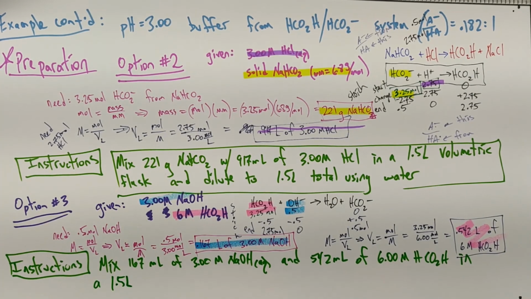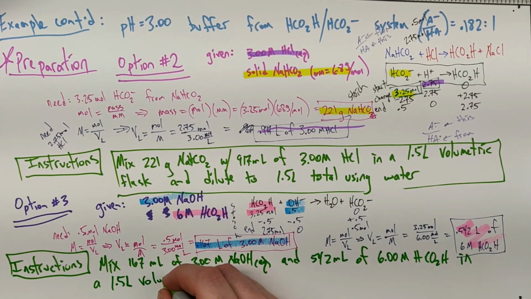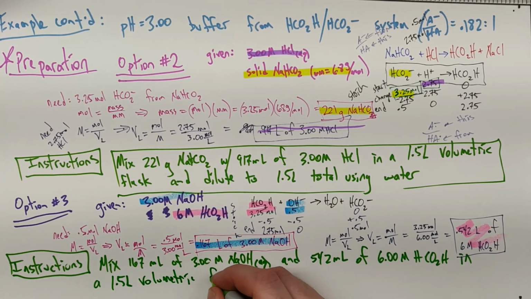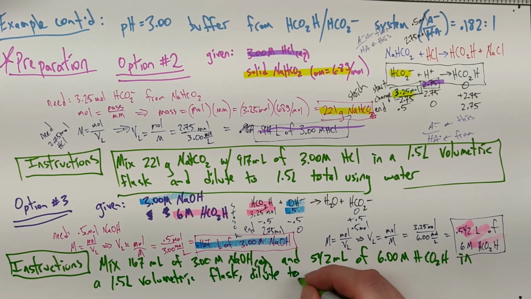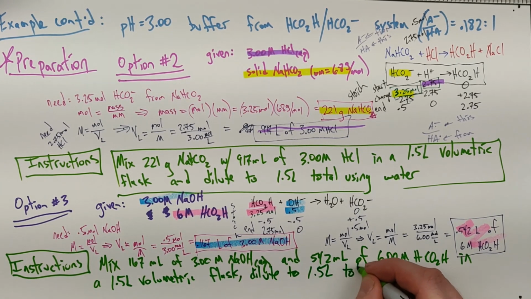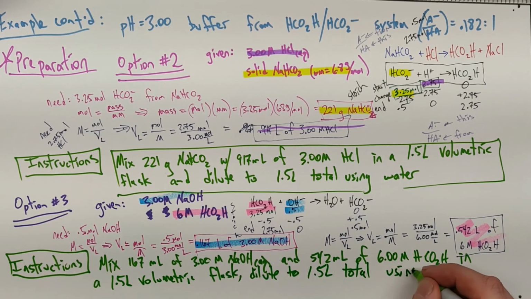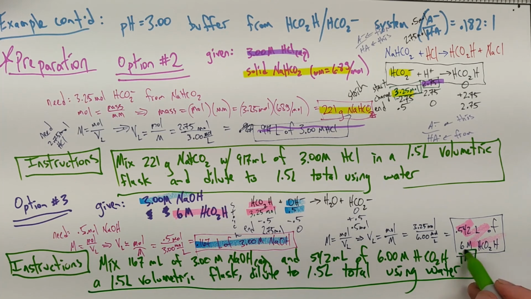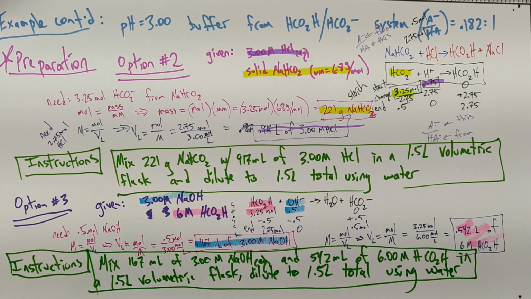And again, that volume could be anything. Now you've got them in a container, dilute to a total volume. And that is option number 3 for preparing this buffer. And I realize that's a bunch of stuff, so maybe I'll add in a summary in a minute.